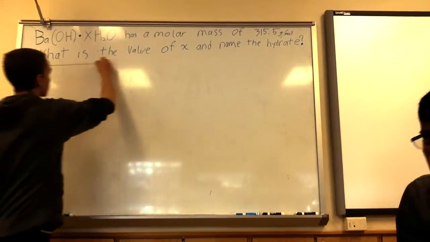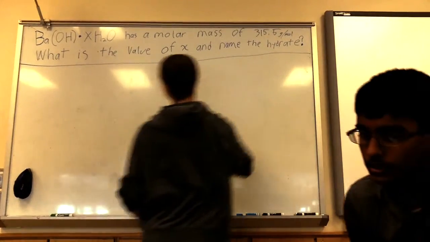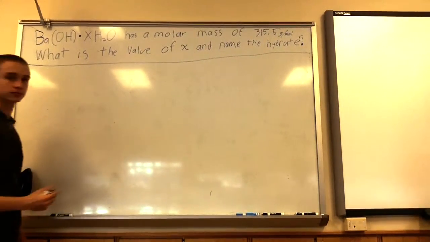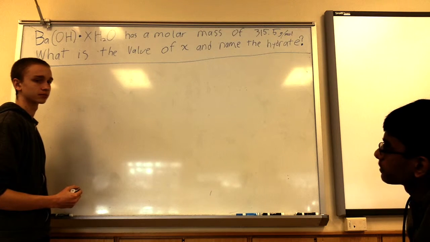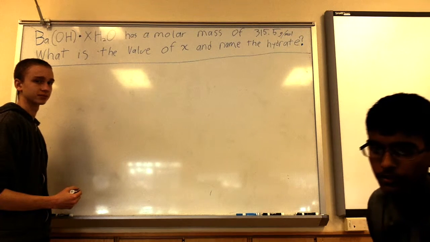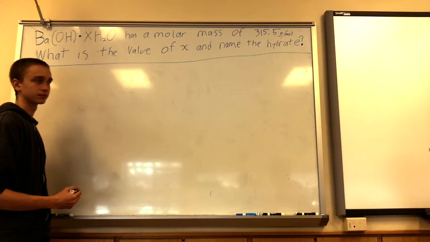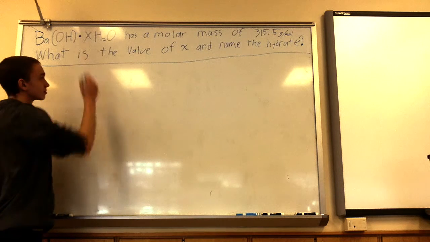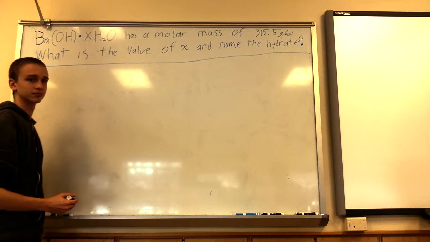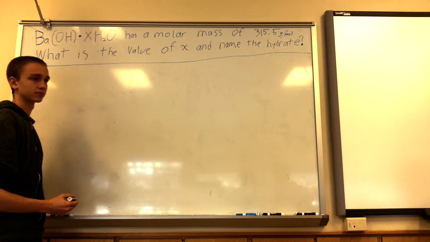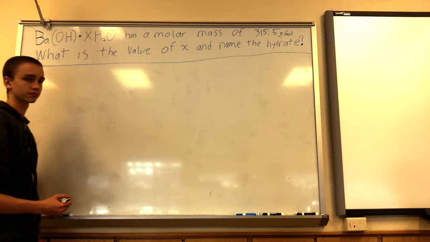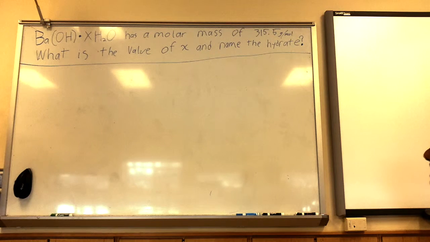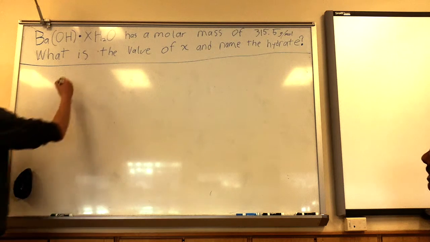So now we're moving on to our hydrate problem, which asks if we have this hydrate and it has a molar mass of 315.5 grams per mole, what is the value of the x variable, and then what is the name of the hydrate? So to figure this out, we're going to first find the molar mass of the non-hydrate part, I guess you could call it. So that would be barium hydroxide.